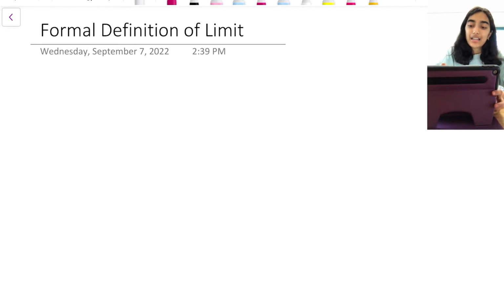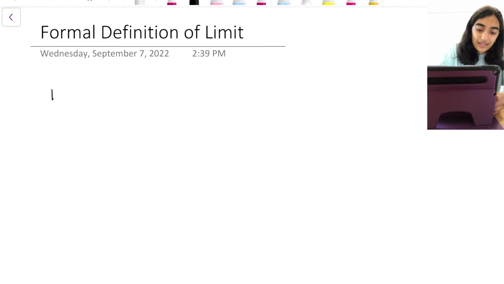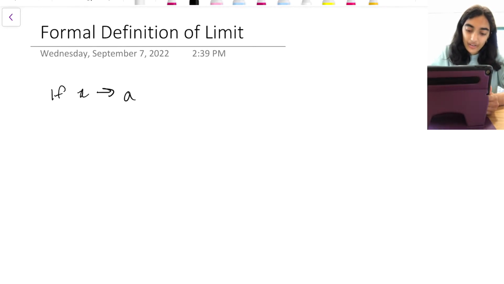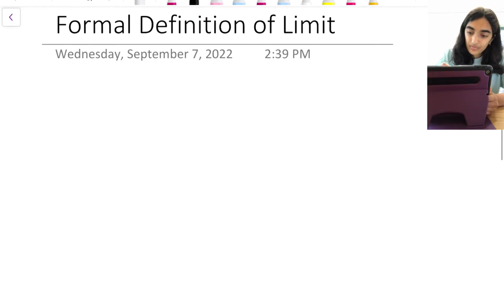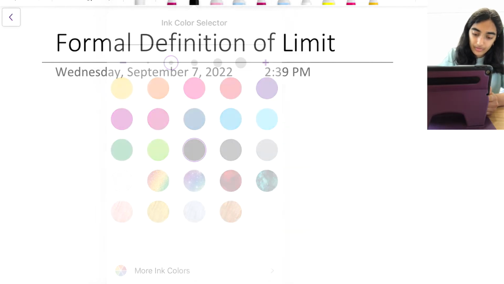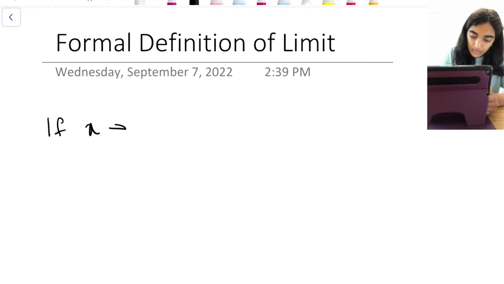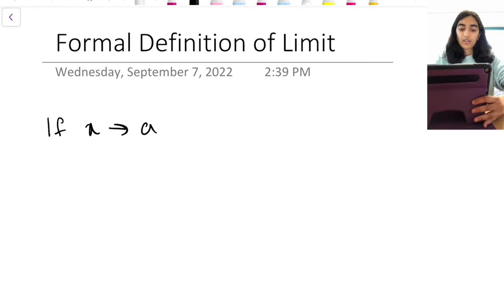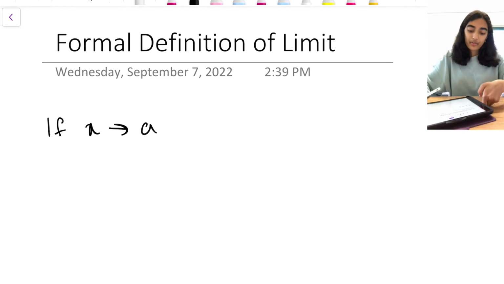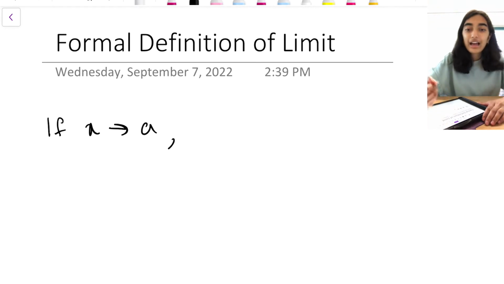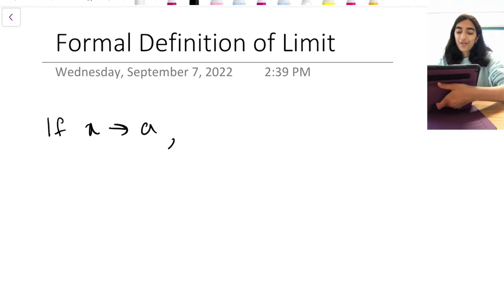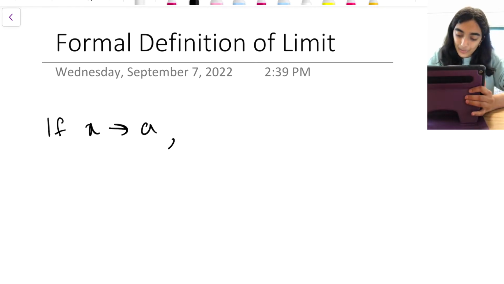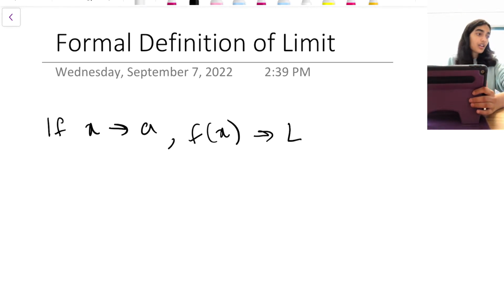What that means is that if x gets really close to a value, let's call it a, if x gets really close to a value a, then what happens? Then our f of x also gets close to a value, right? Our f of x gets close to the value L, okay?